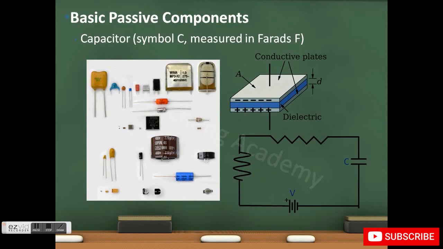Based on what we use as the dielectric material, there are different types of capacitors, such as ceramic, polyester, and electrolytic capacitors. Capacitors are measured in farads and are usually represented using letter C.